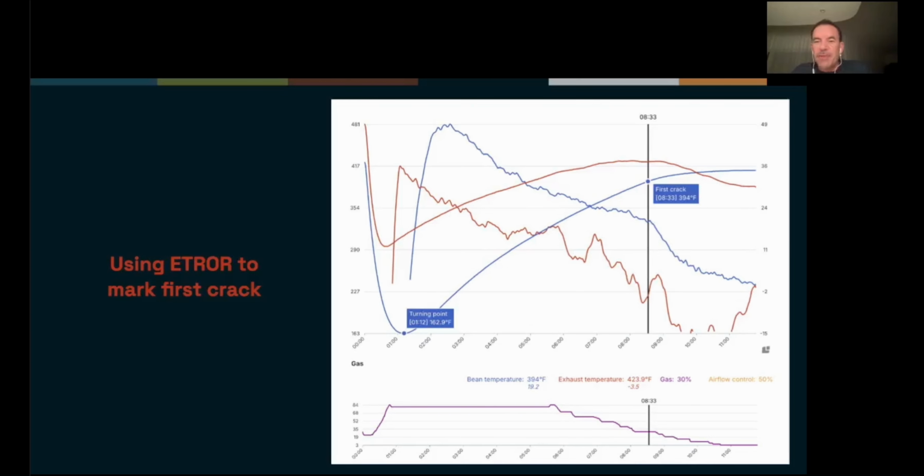With a little bit of practice, where let's say you know that your first crack always happens somewhere between, say, 390 and 400 Fahrenheit, you might see a big up and down at about 370 something. You might see a big up and down at about 380 something. And then here, in this case, the ET ROR dropped and then rose very quickly at about 394. And since you know your first crack audibly always begins somewhere in the 390s, then you know that this one is the one that indicates first crack.